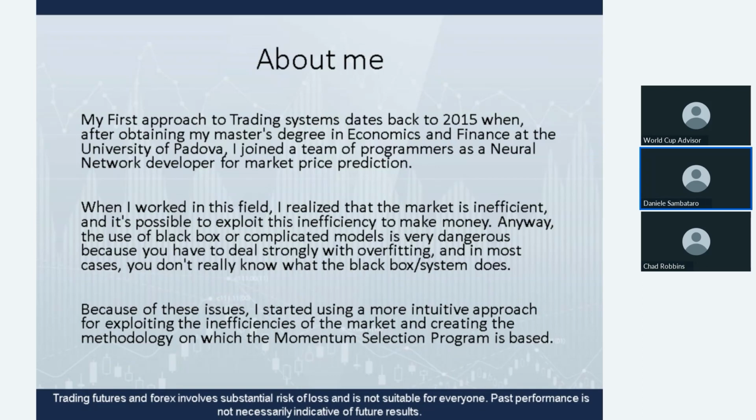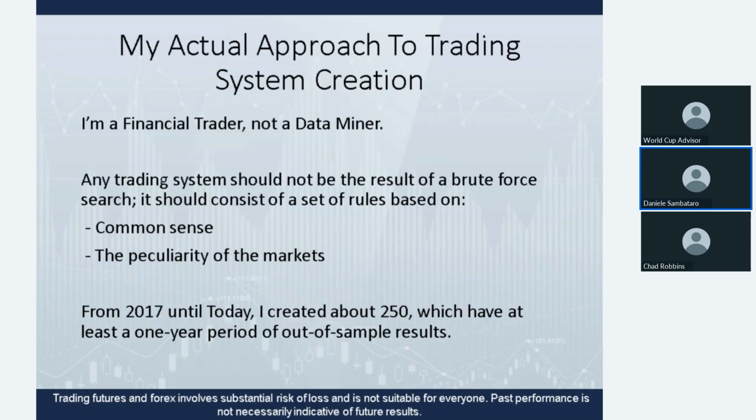And it's very difficult, from my point of view, to put money in something you don't know what it really does. Because of these issues, I started using a more intuitive approach for exploiting the inefficiency of the market and creating the methodology on which the momentum selection program is based.